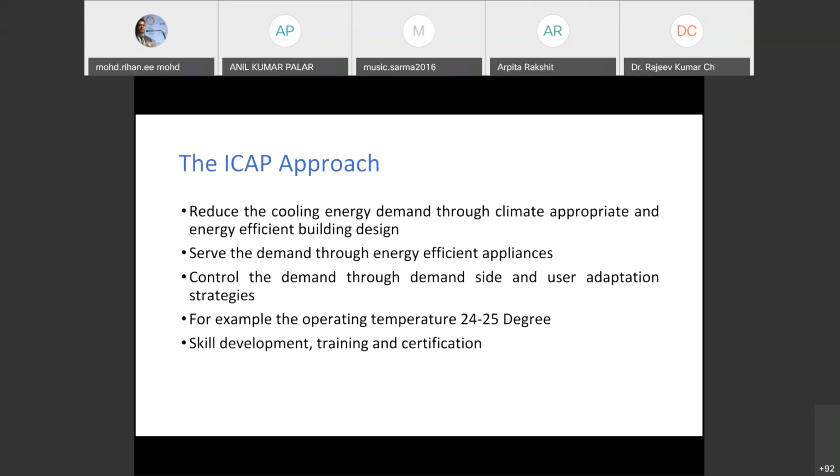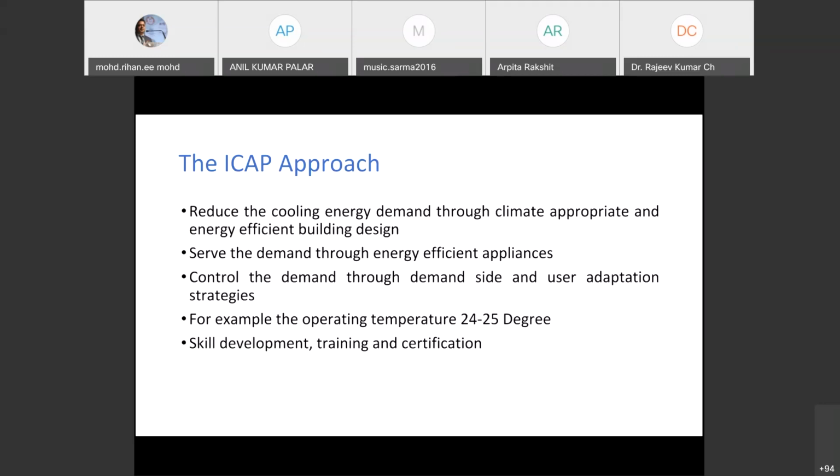Then when the requirement is there, we supply through energy efficient appliances. And we know there has been continuous improvement. First we had 3-star ACs, then 5-star ACs. Now we have inverter ACs. So the improvement is coming, but what is required is a radical improvement.